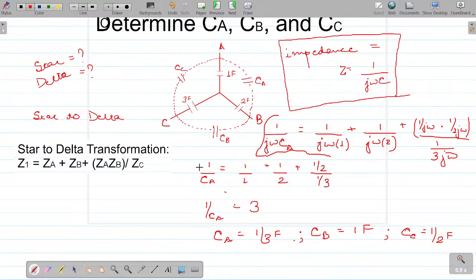So it is a basic star to delta conversion. There is nothing new about this question. The only newness was brought by the fact that it is about impedance, and in capacitance the impedance is 1 upon j omega c. That was the only novelty in this question. Otherwise it is a very to the point, put the value, get the answer question.